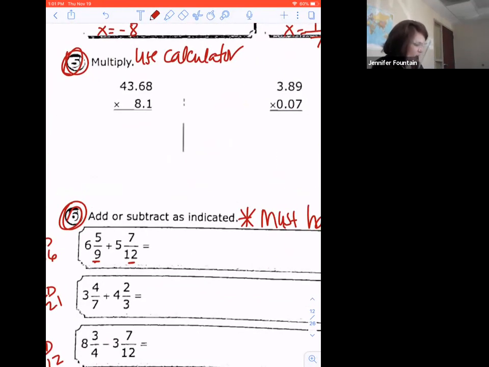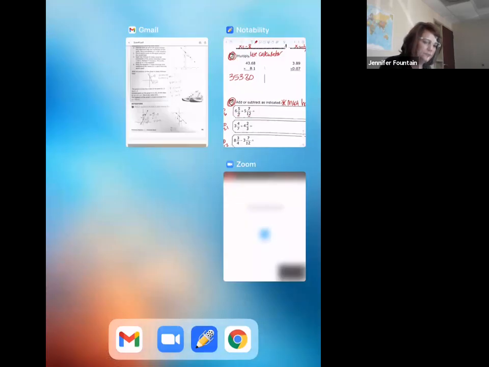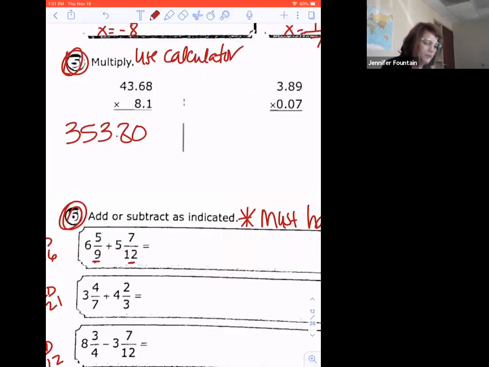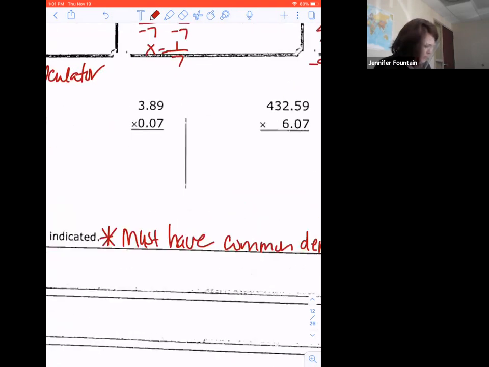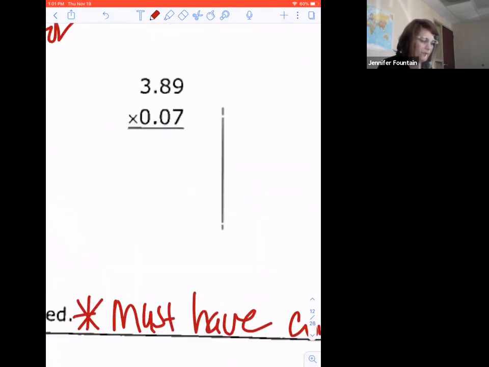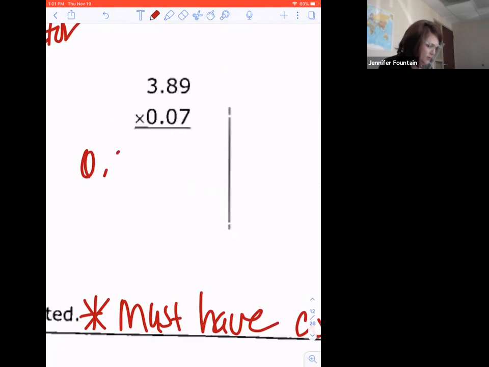And so the first one, I'm going to have 353 and 808 thousandths. Hang on. My hand hit the button. Okay. So 353.808. Your next one, you're going to have 0.2723.